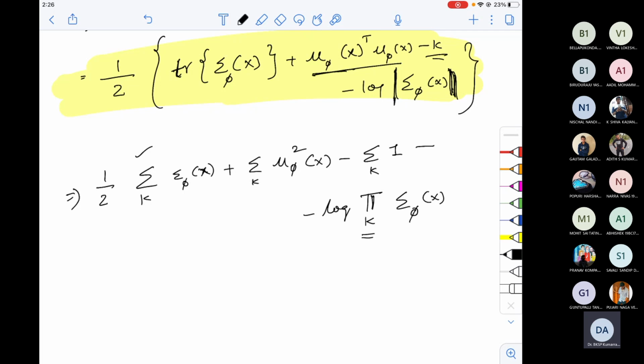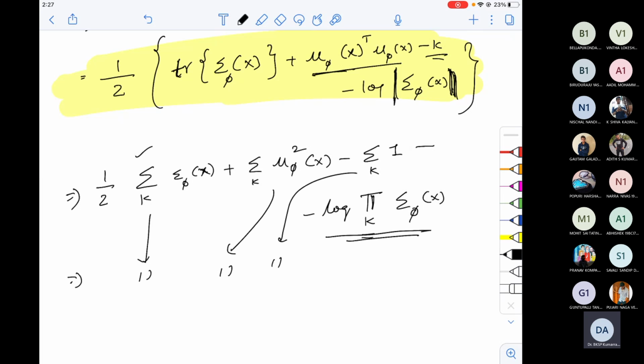Okay, so now what I do further is 1 by 2. I'll just write the same thing here, with log. I want to avoid rewriting it again and again because it's a waste of time. So this is as it is, this is also as it is, this is also as it is.